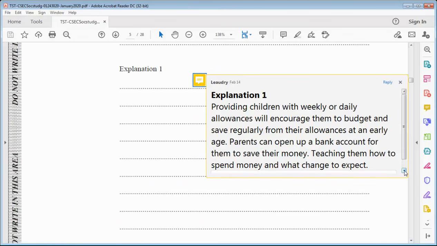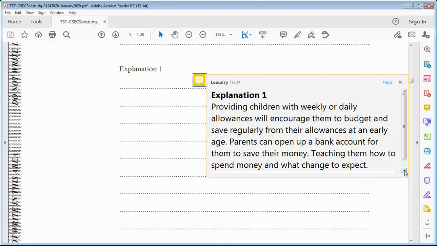It says parents can provide children with weekly or daily allowances, and this will encourage them to budget and to save regularly from their allowances at an early age. Parents can open up a bank account for them, and that would help to train them to save their money.